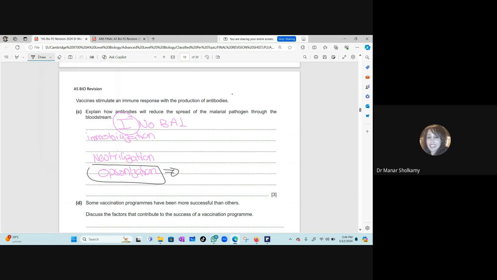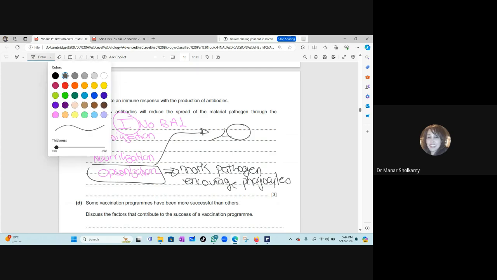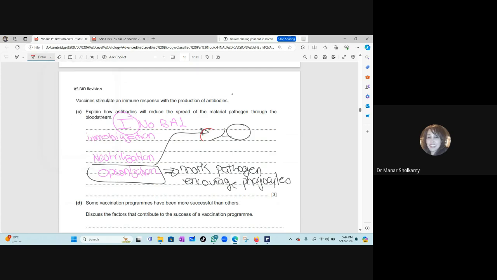They will mark the pathogen to encourage phagocytosis so that the phagocytes can easily identify it. This is the pathogen. It is marked by an antibody. This is opsonization, so that the phagocyte can come and see it. It will only bind with it when the antibody is marking it because it has a complementary receptor.